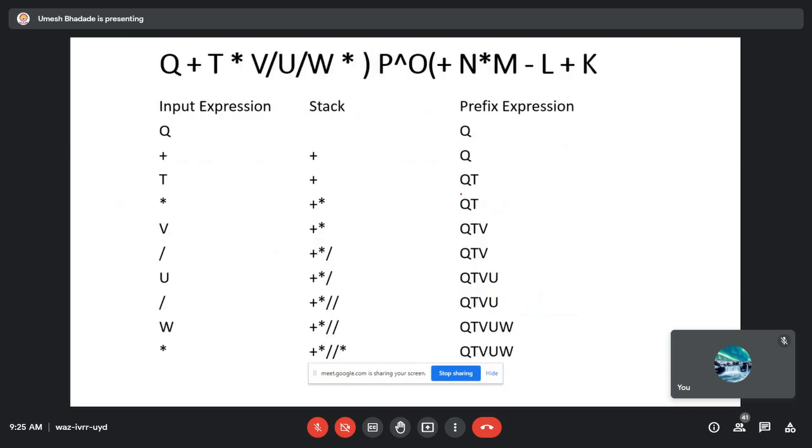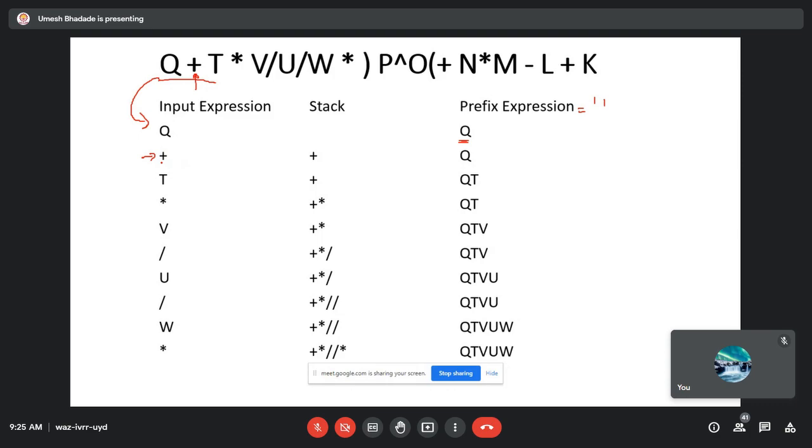So now this is the expression. So first I will read the symbol q. This is my input expression. One symbol I have read. Now this is operand. So directly I will put it in the prefix. Initially my prefix expression is null, right? So q will be added. Then another symbol I have read, and that is operator.